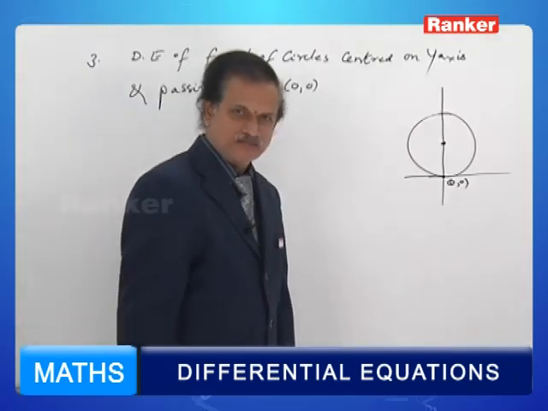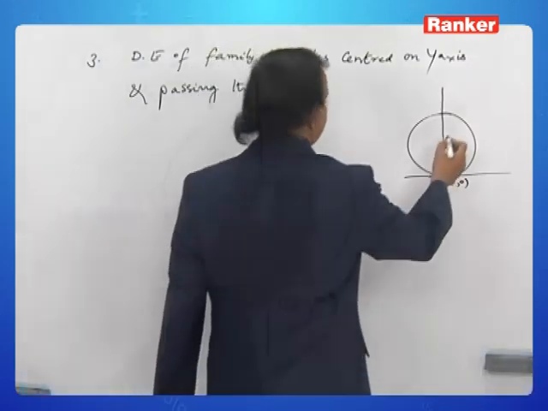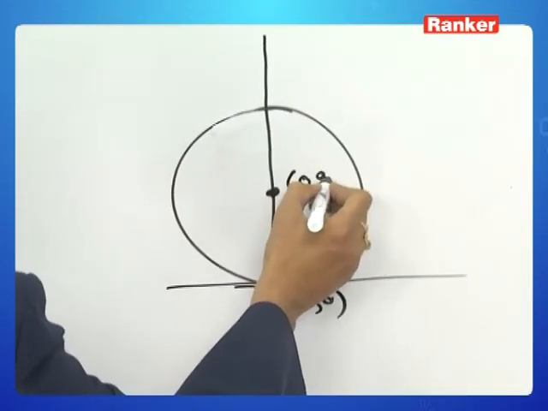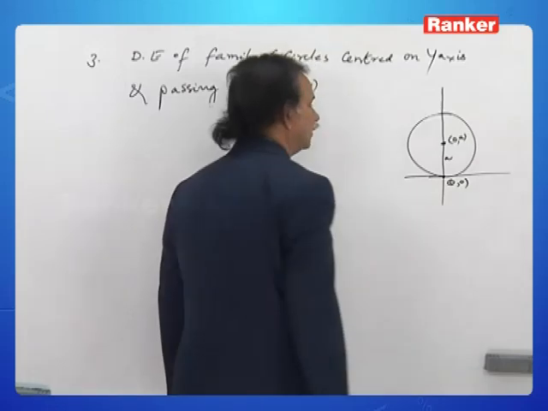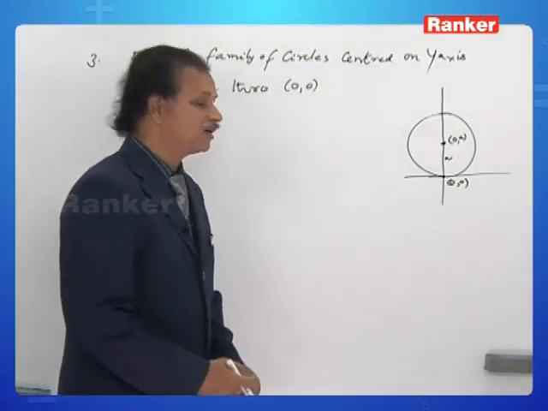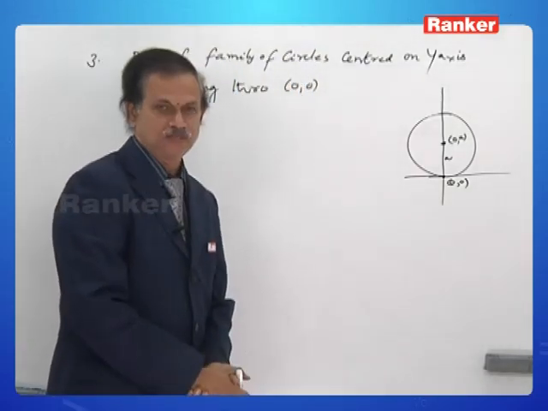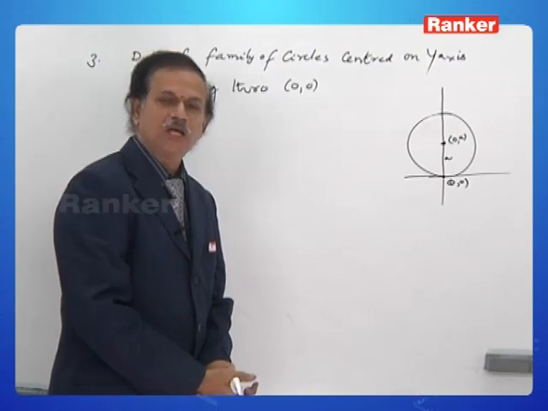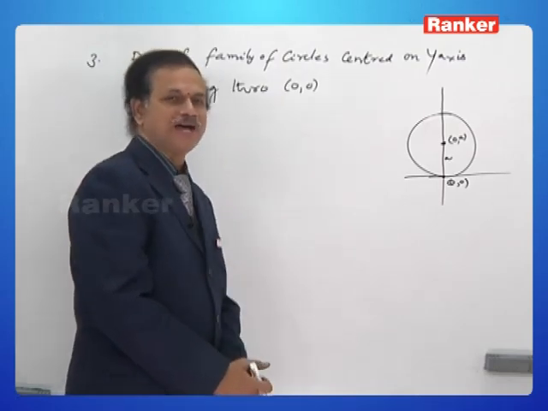That will be the general shape of the circle. Centered on y-axis, let me take it as (0, a). Its radius is also a because it passes through the origin.